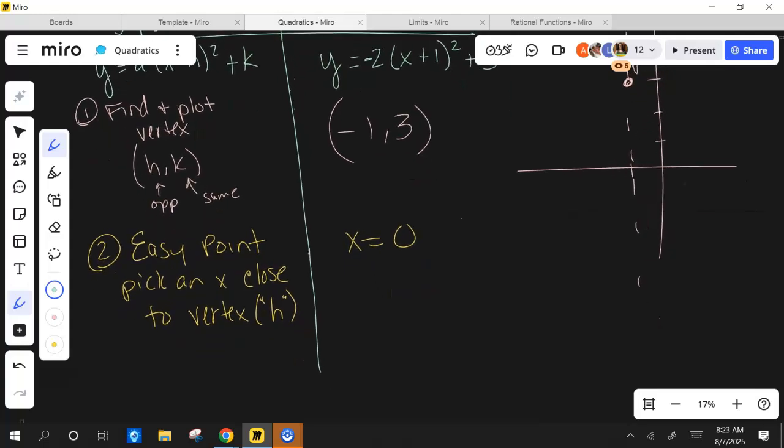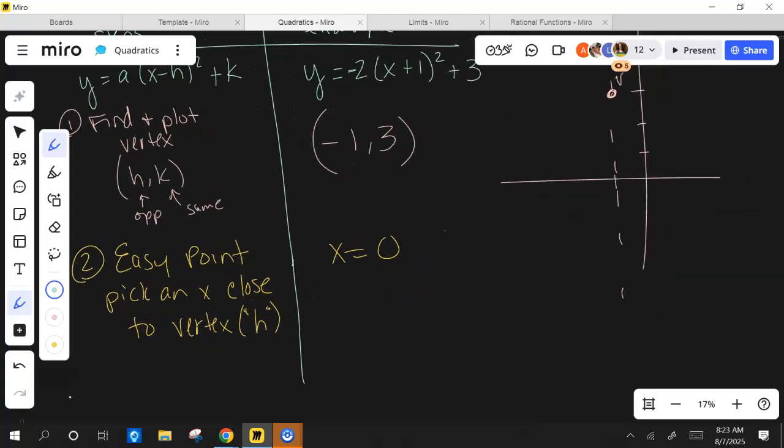Okay, so if I plug in 0, I'm plugging into that original equation, right? So y equals -2 times (0 plus 1) squared plus 3. Parentheses first, followed by exponents, then multiplication.